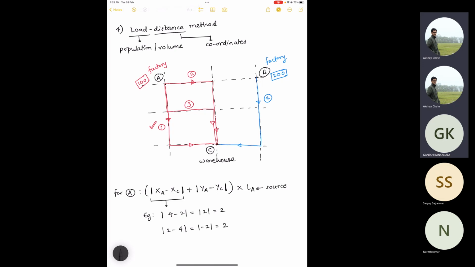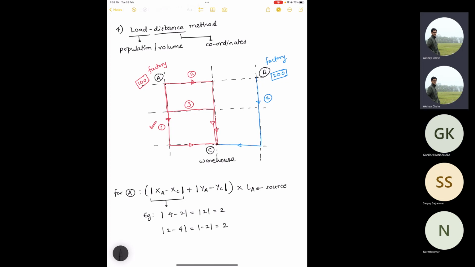So why don't we go for this 200, because we get more business, as you said, but with the consideration of transportation?